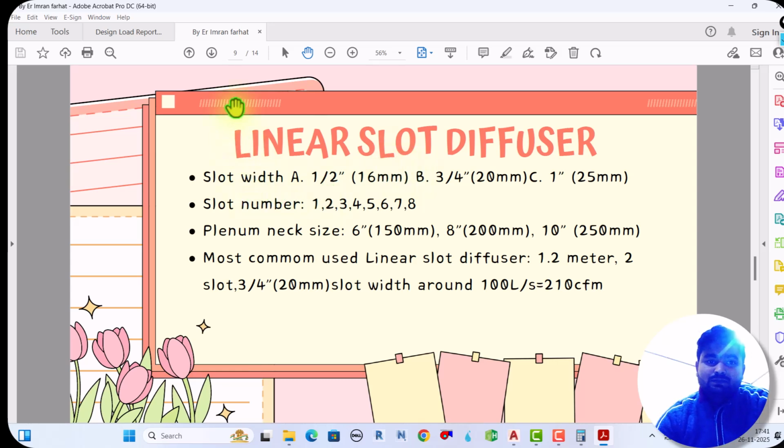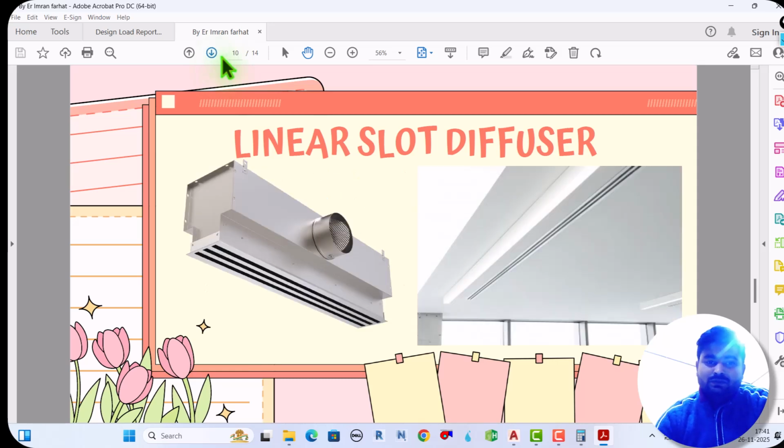So see, let me explain. This is the linear slot diffuser, right? This is the linear slot diffuser, and this is the slot: 1 slot, 2 slot, and this is 3 slot.